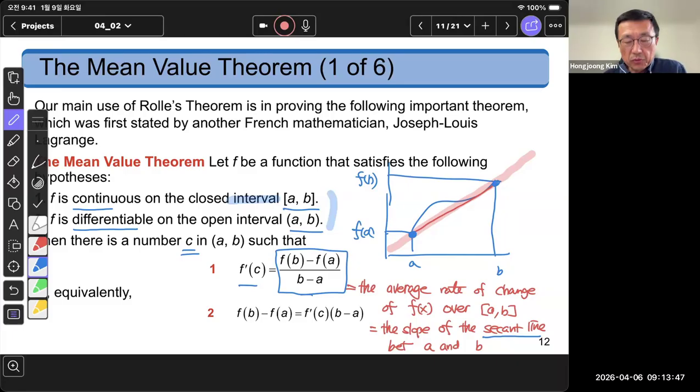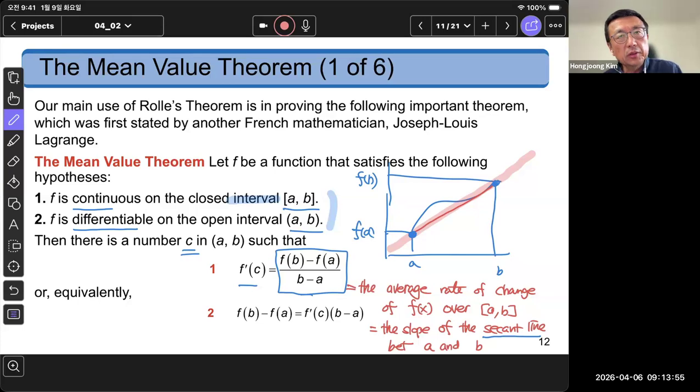So what does the claim say in the mean value theorem? If I have a continuous and differentiable function on a certain interval from A to B, then there will be a point C such that f prime of C, what does f prime of C represent?